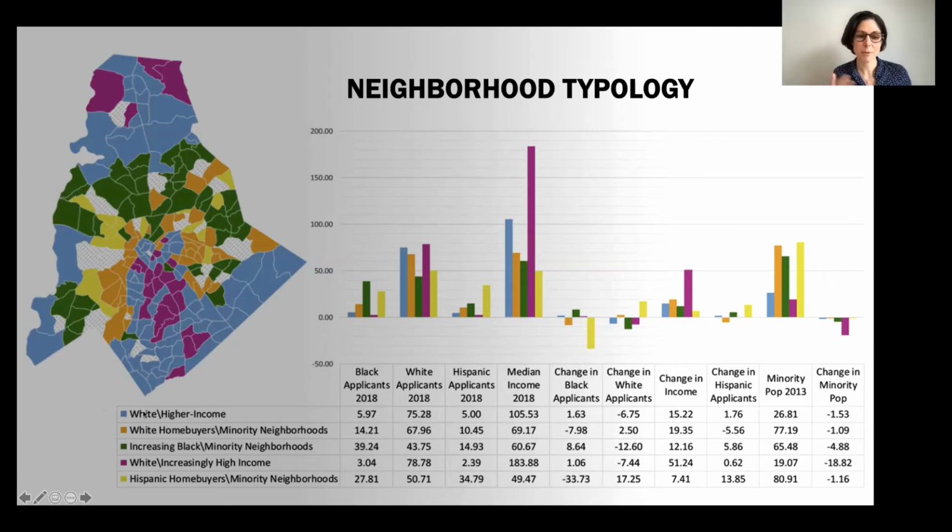So we have this one, which we'll just call white and higher income, where the mortgage applicants are largely white and of higher income. The best way to understand this one is that they're a little bit less than this purple. This purple is the whitest and the highest income, with median household income of close to $200,000, whereas this one is about $105,000.